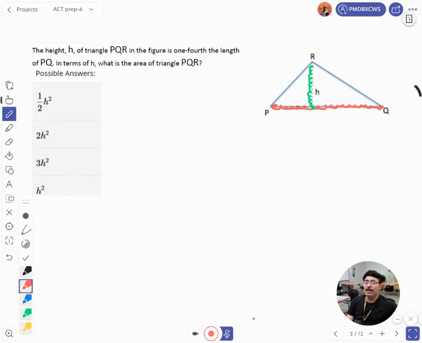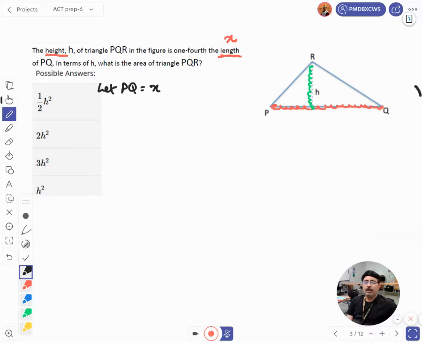The rule is, if any of the elements are compared with another one, the one which is at the later stage is to be taken as x. So let me assume that PQ equals x units.